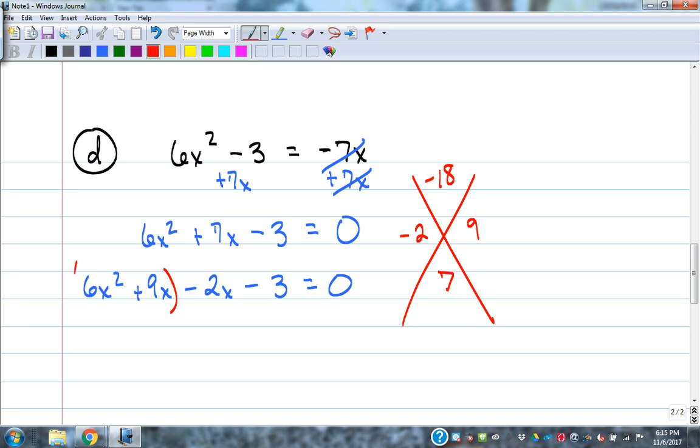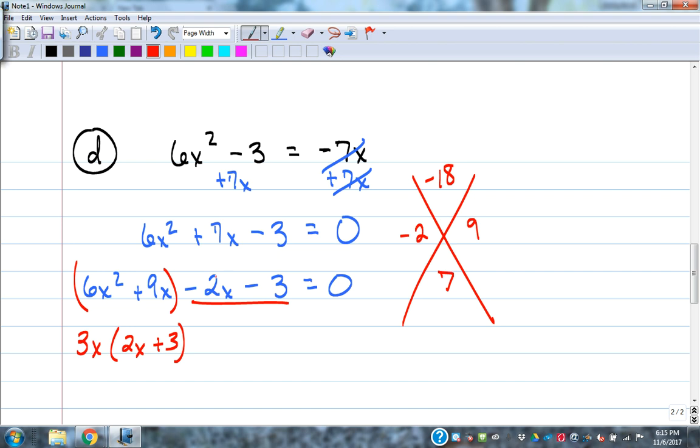And then I group the first two together. What's their GCF? 3x, leaving 2x plus 3. What do we pull out of the second two? They don't have anything in common, but what can always be in common? What will always go into 1?